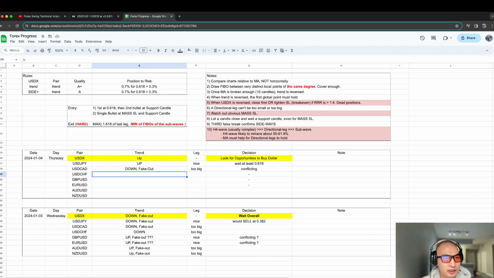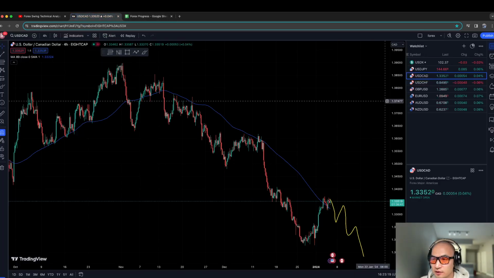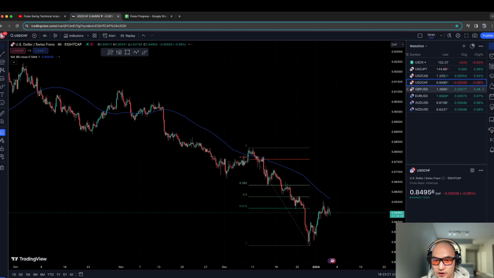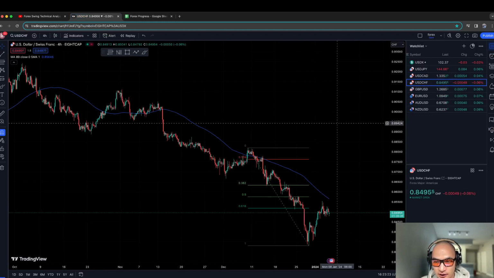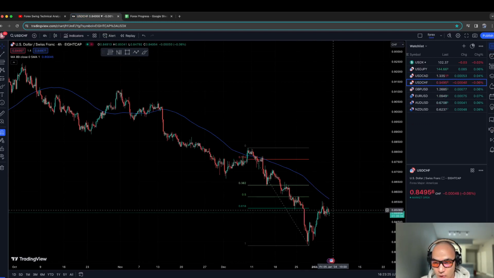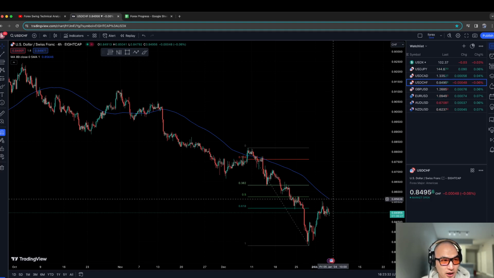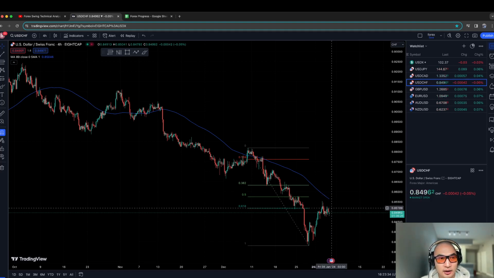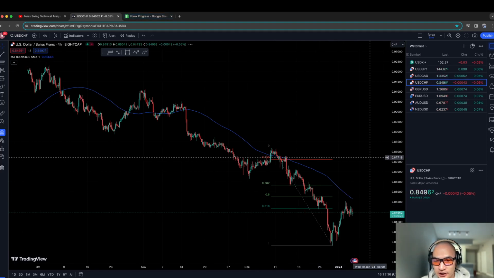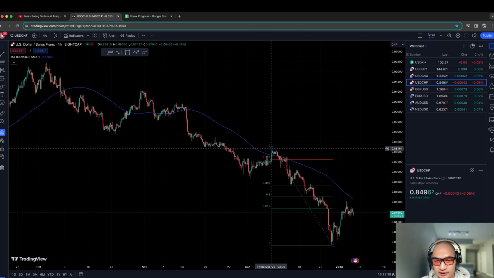Okay, now take a look at the USD Schweizer franc. Again, you see, we see no candles closing up above the moving average. That means the trend is still down, and the last directional wave size is too big.